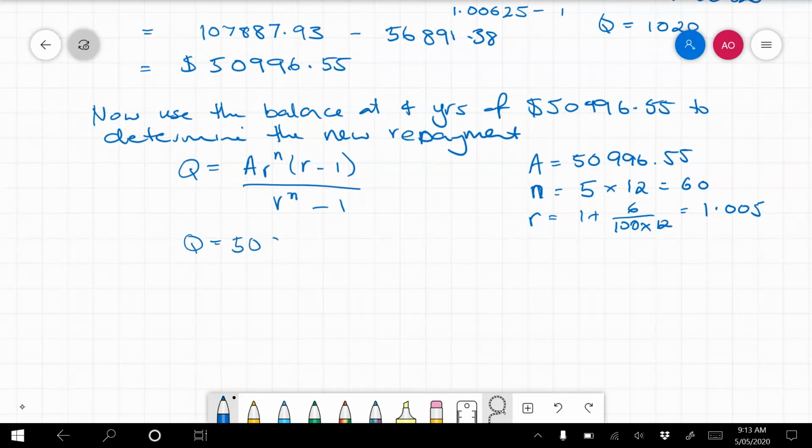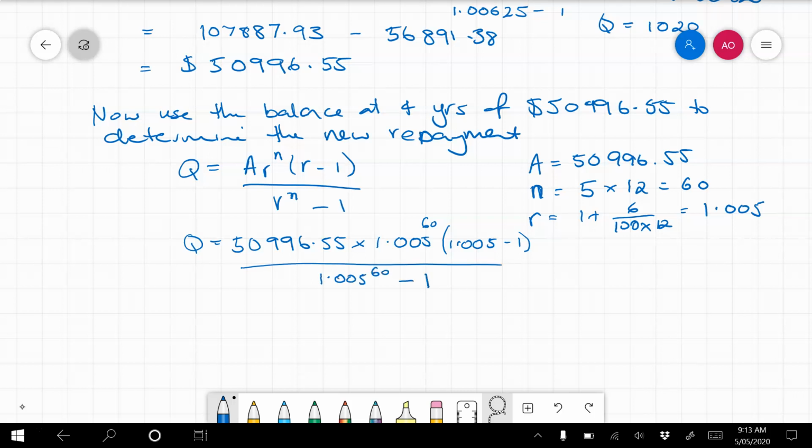So Q equals $50,996.55 times 1.005 to the 60th, times 1.005 minus 1, all over 1.005 to the power of 60 minus 1.